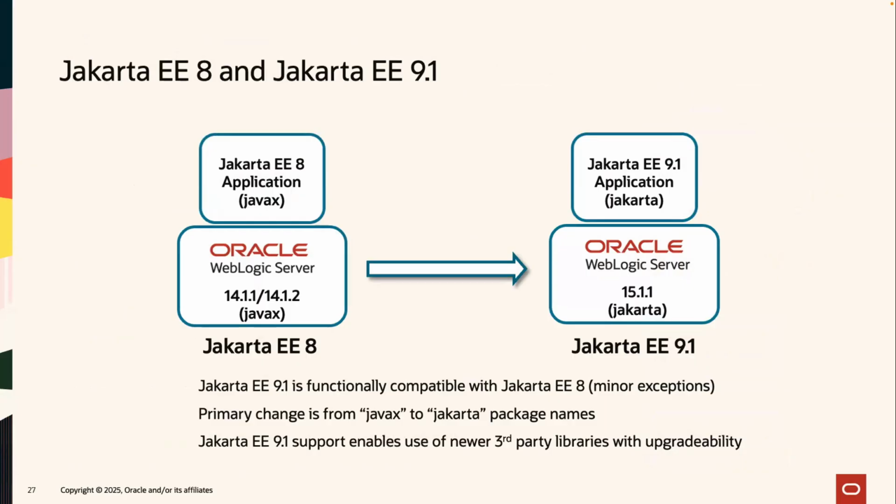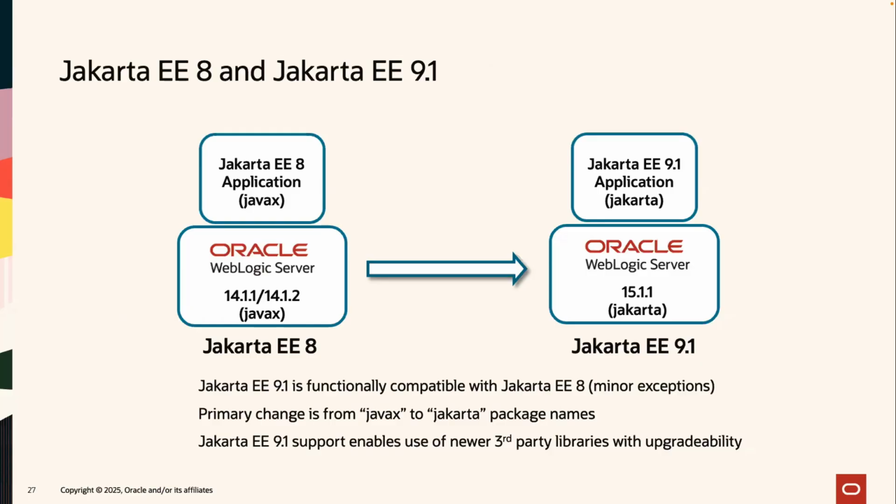WebLogic 14.1.1 and 14.1.2 are based on Jakarta EE 8. Jakarta EE 8 is technically identical to Java EE 8, the last Java EE release. And the APIs defined by Jakarta EE 8 use a standard javax naming convention. So applications built using Jakarta EE 8 use these javax-based APIs.